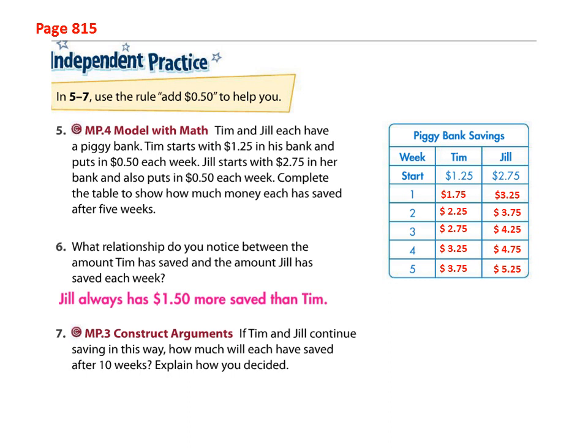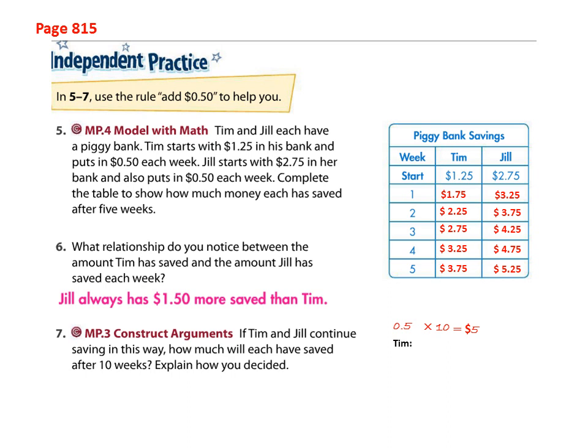So the first step is multiplying 0.50 times 10 weeks. So the answer, yes, it will be $5. So after 10 weeks, Tim and Jill, both of them will have $5 more than the initial value.